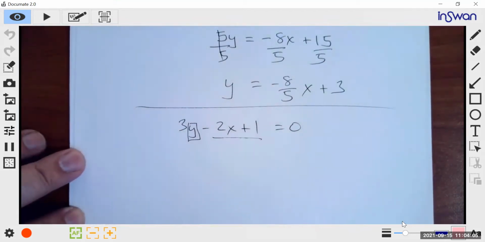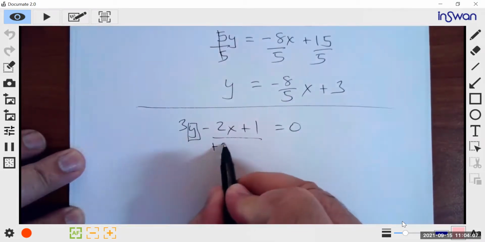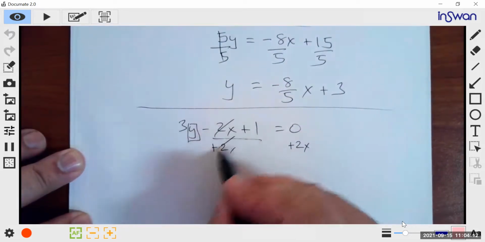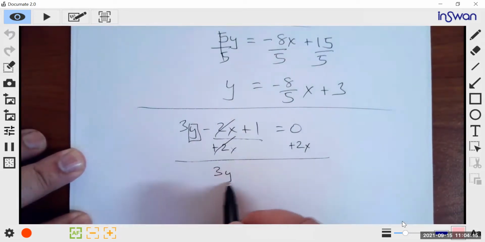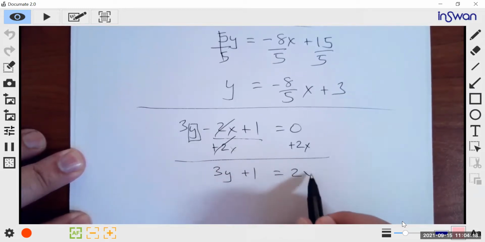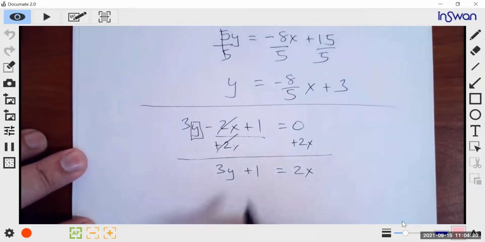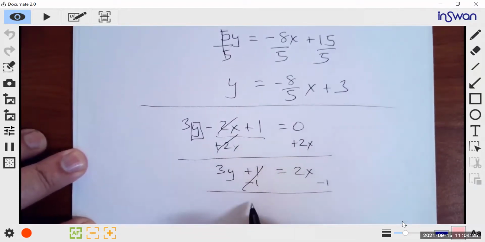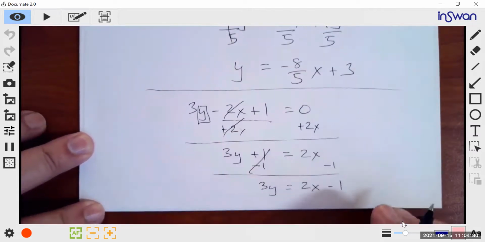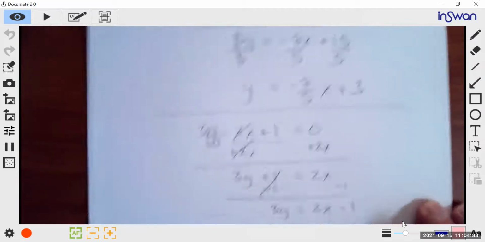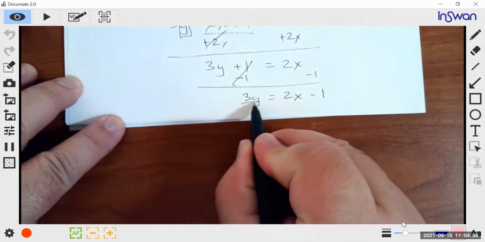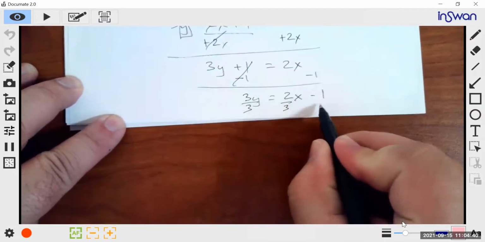We have to get rid of the plus 2x, because they have to be opposites. Get rid of the 1. And then divide each term by 3.